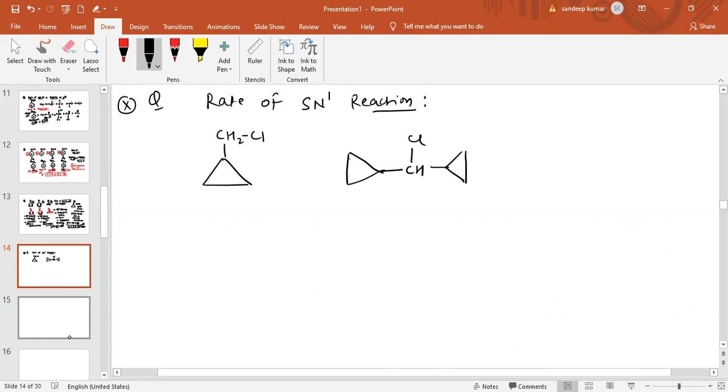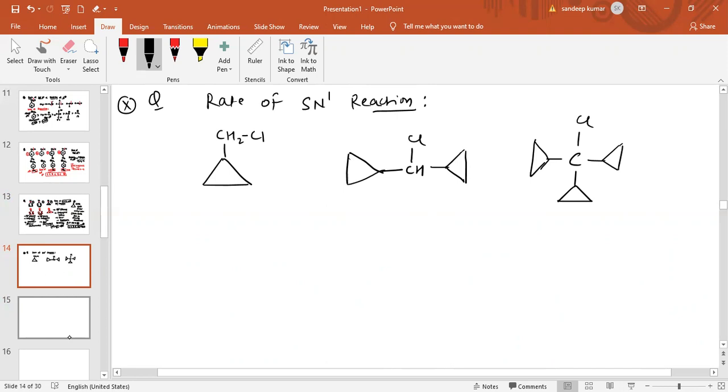The third one given is CCl. So these compounds are given.